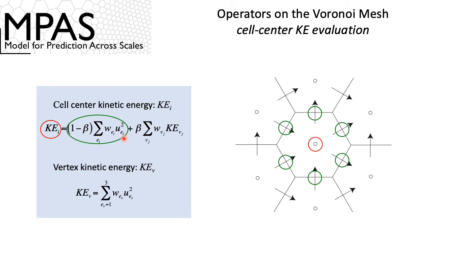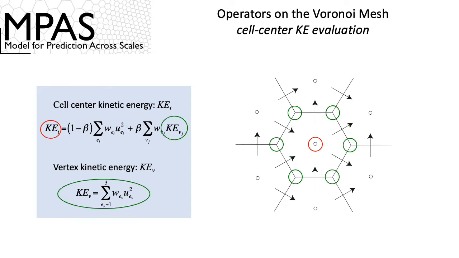The second part is a term associated with the kinetic energy evaluated at the vertices. The kinetic energy at the vertices is a weighted sum of the square of the velocities on the edges that come together to make that vertex. For example, if we look at the vertex here, where this larger green circle is, the kinetic energy at that vertex is the weighted sum of the square of the velocities at these 3 edges that make up that vertex, and the weights here are half.